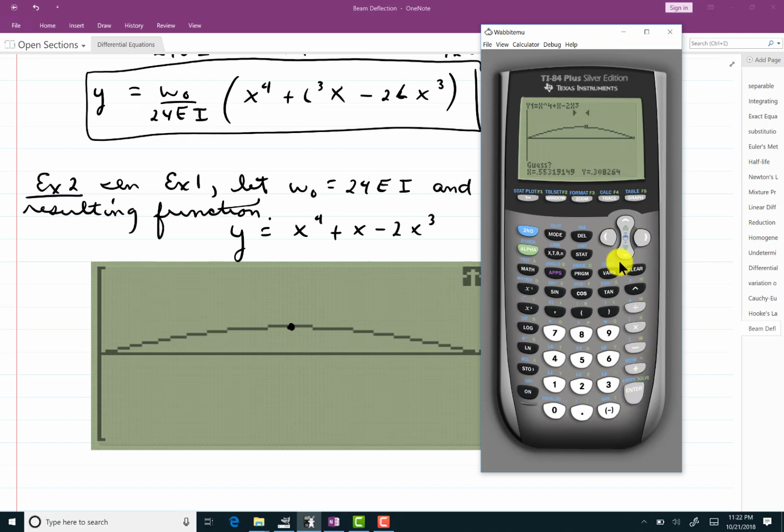And then it wants you to pick a guess in between. It's even got the little bounders there. So I hit enter, and it will tell me what I have. And this shouldn't surprise anyone at all that the most deflection occurs right in the middle. So we have 0.5 and 0.3125.